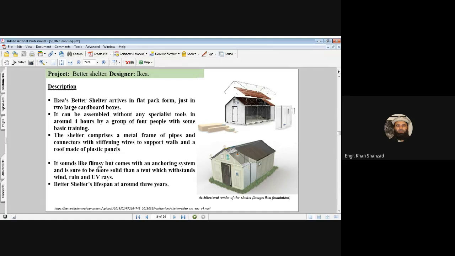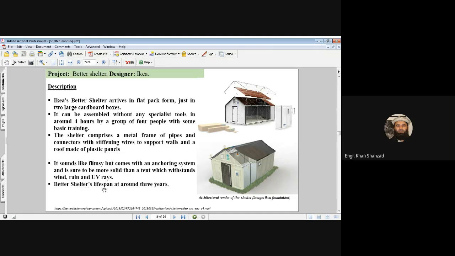It sounds like paper is flimsy, but it comes with a strong anchoring system and is sure to be more solid than a tent, which withstands wind, rain, and ultraviolet rays. So this shelter will be more resistant to wind, rain, and ultraviolet rays, and more resistant than tents.